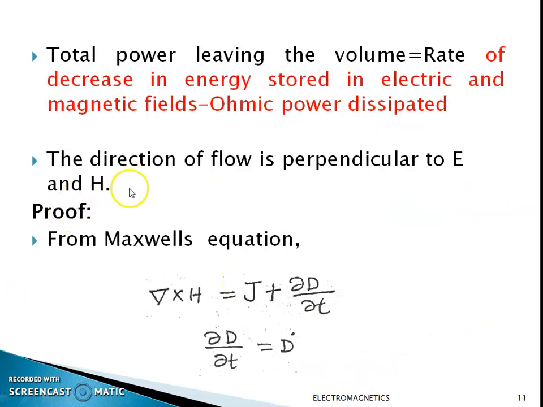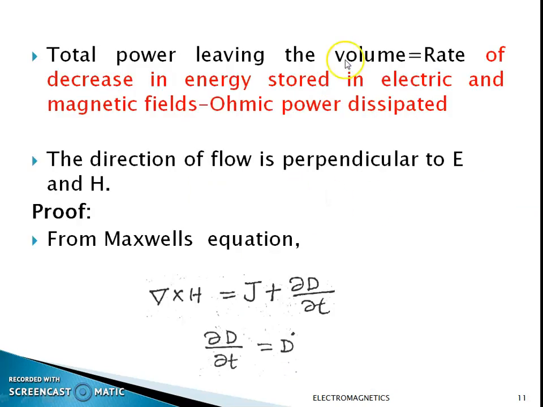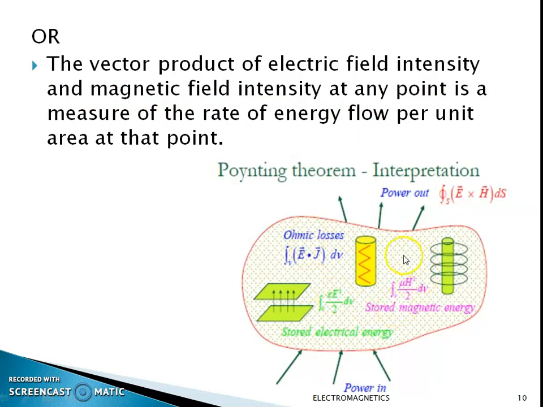That is the total power leaving the volume. This is the volume we are considering here, and the total power going out of this volume is equal to the rate of decrease in energy stored in the electric and magnetic fields minus the ohmic power dissipated.